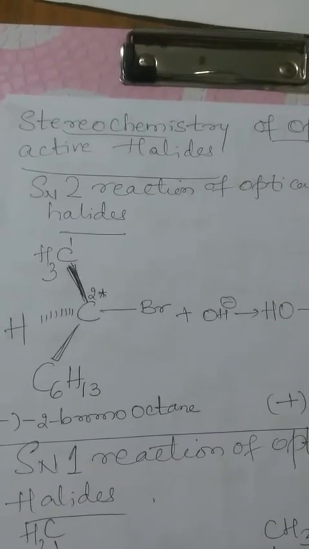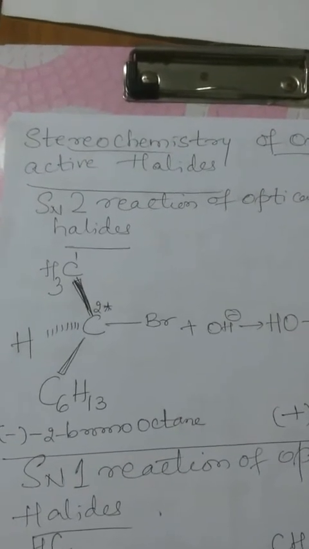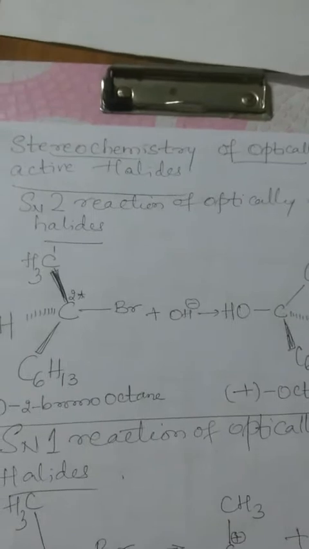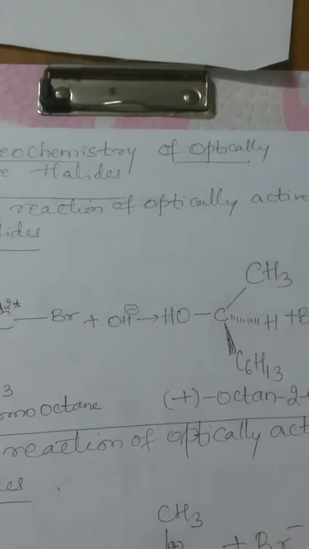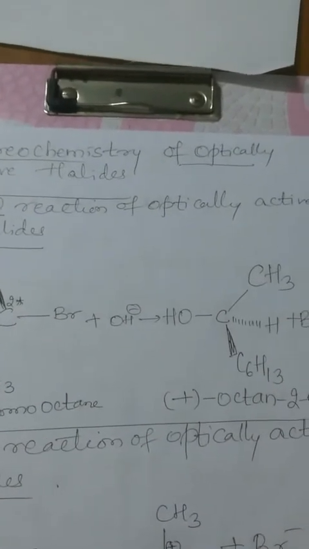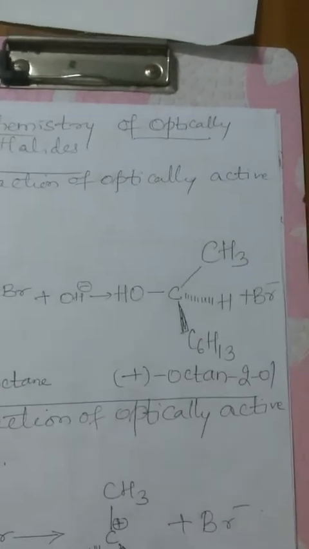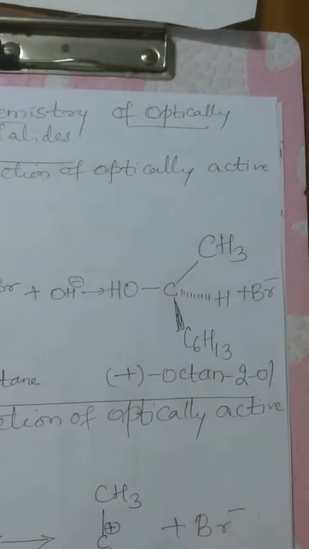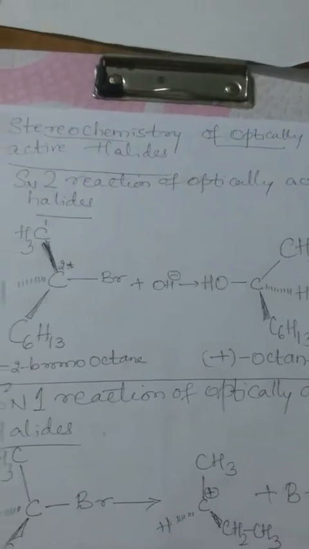When this is allowed to react with sodium hydroxide or aqueous potassium hydroxide, the product formed will have the hydroxy group bonded to the back side of the leaving group Br minus at the asymmetric carbon atom C2, which is the chiral carbon atom, giving the product as (+)-octan-2-ol. So therefore there is inversion of configuration.